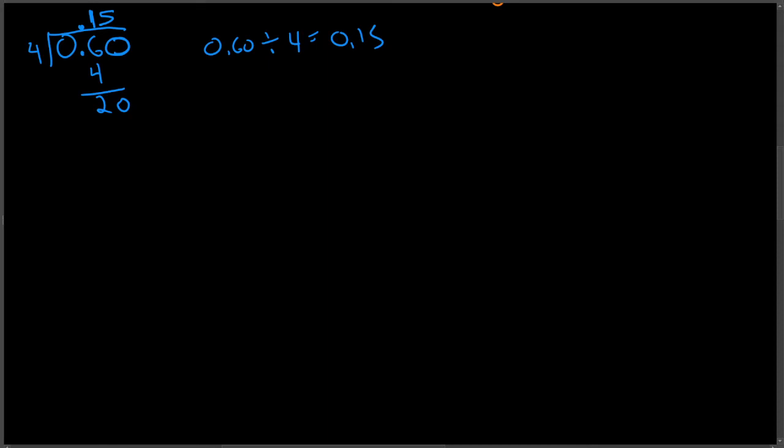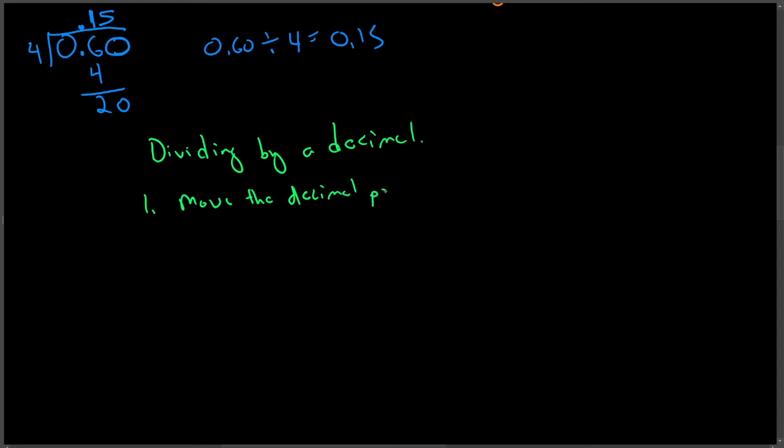Well, if we're dividing by a decimal, we have to do something else. So the first thing is we move the decimal point in the divisor until it is a whole number.